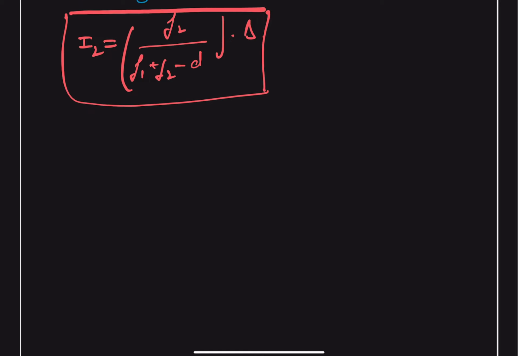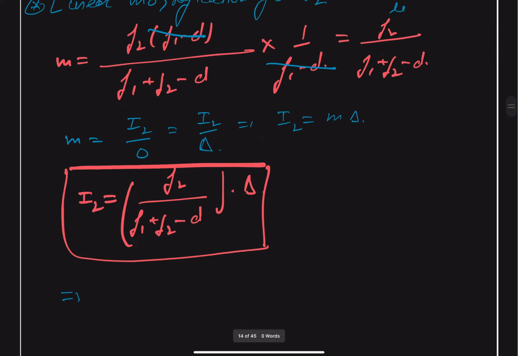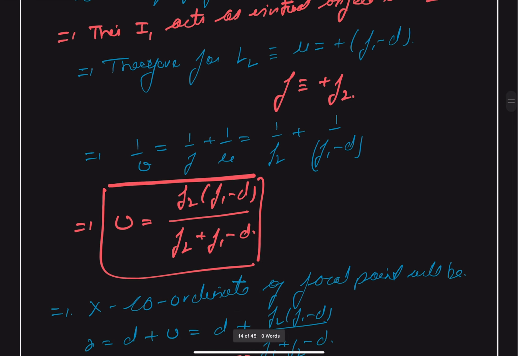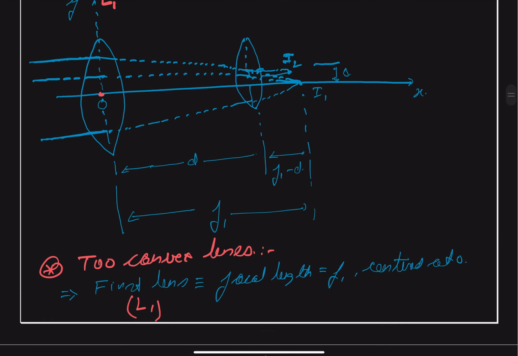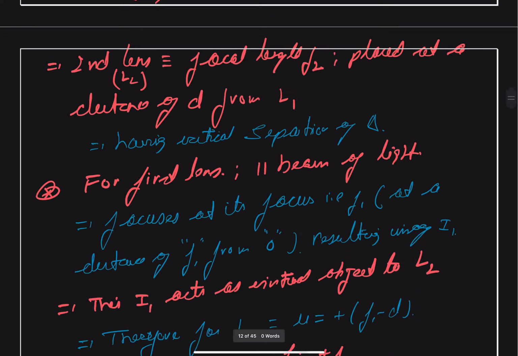And this is nothing but, so we were having the figure, the total distance was delta, and we found out this distance. So ultimately the y coordinate will be delta minus this distance which we just found out.